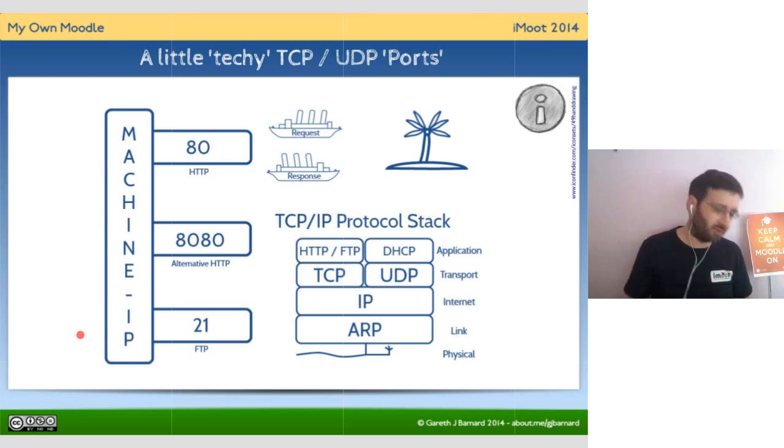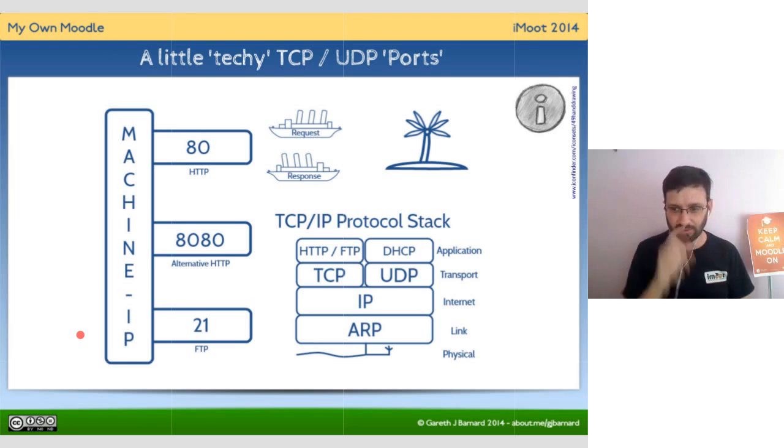It's not as reliable as TCP, but it's more like chat or voice. Humans can piece things together even though there are bits missing. Then underneath that, you've got the Internet Protocol, which is what your IP address is. Then there are some complicated bits underneath called the Address Resolution Protocol. Then you've got the physical layer.